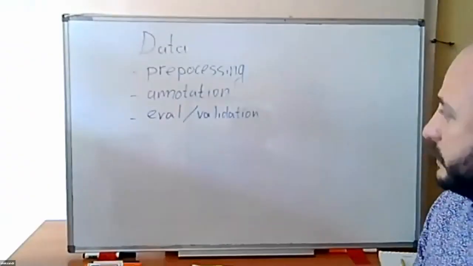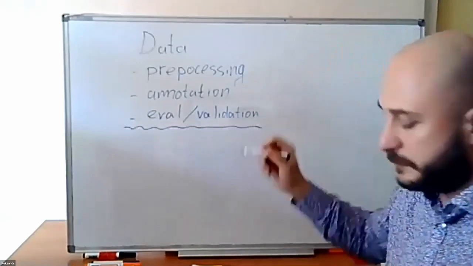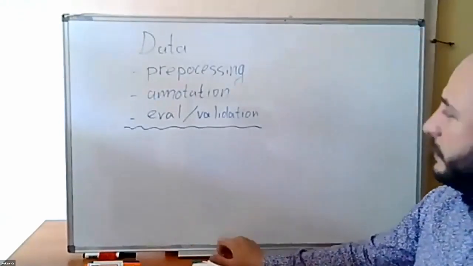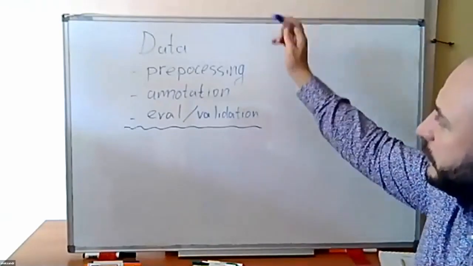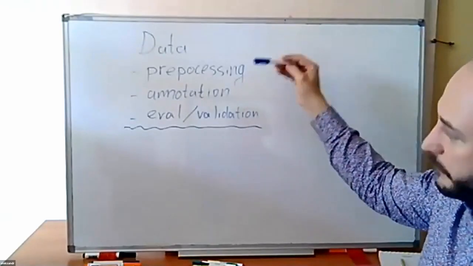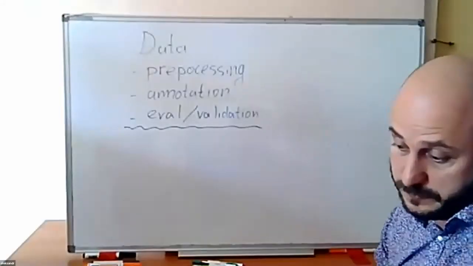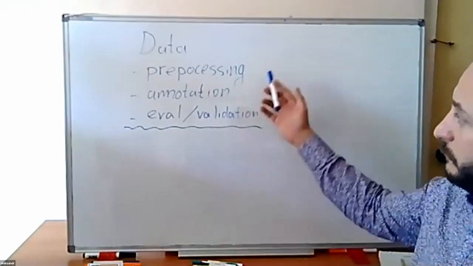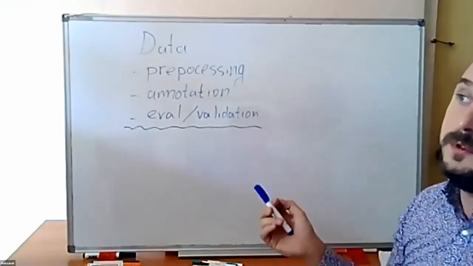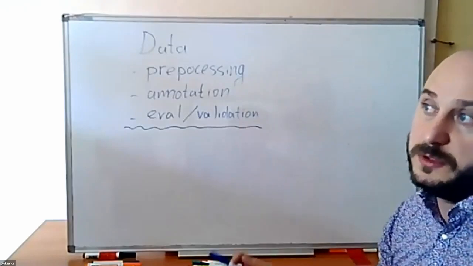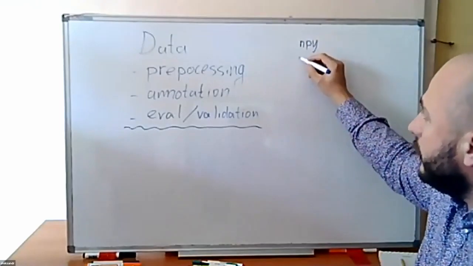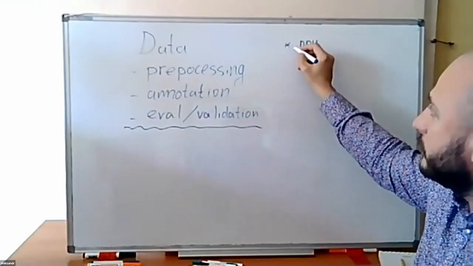So let's continue with evaluation and validation. Let's suppose we have already pre-processed our data, we have annotated our data, and we already have some data for training. You can have them as normalized images, or maybe in some other format.